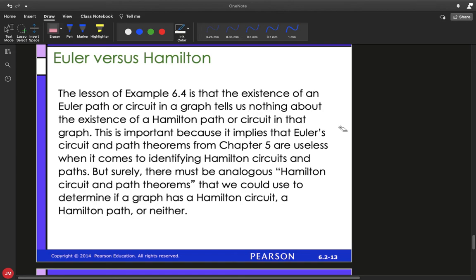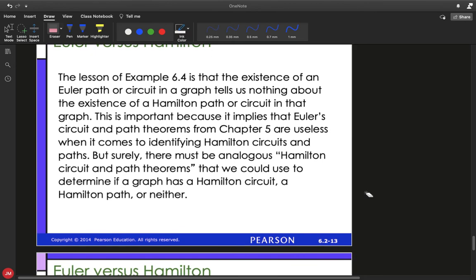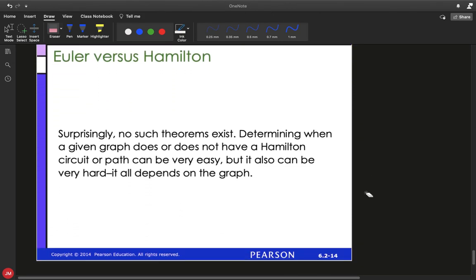And we had the theorems that Euler developed to help with those, which is kind of unfortunate because we had some really nice theorems that were really useful in helping us to decide if an Euler path or an Euler circuit was possible. We don't actually have that with Hamilton. With Hamilton paths and Hamilton circuits, there's really no way to just tell by looking at a graph if there is a possible path or circuit.